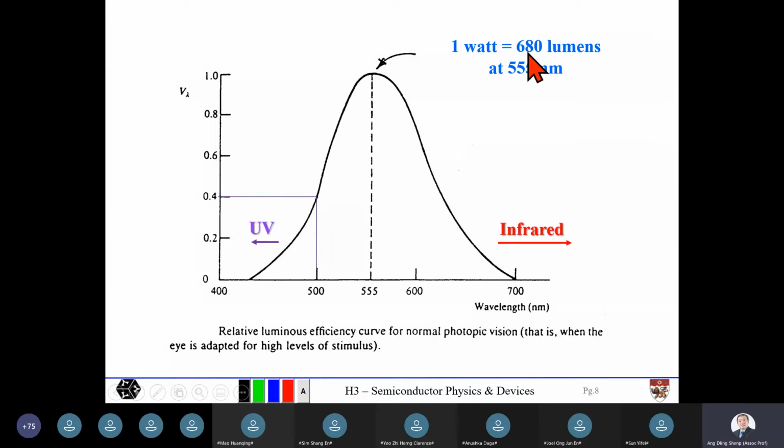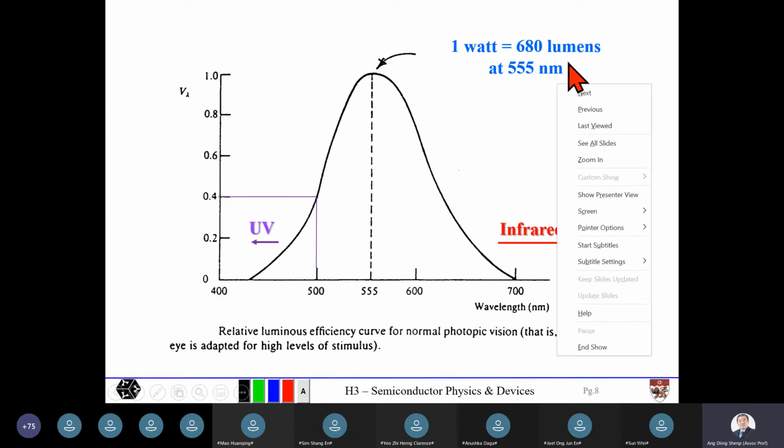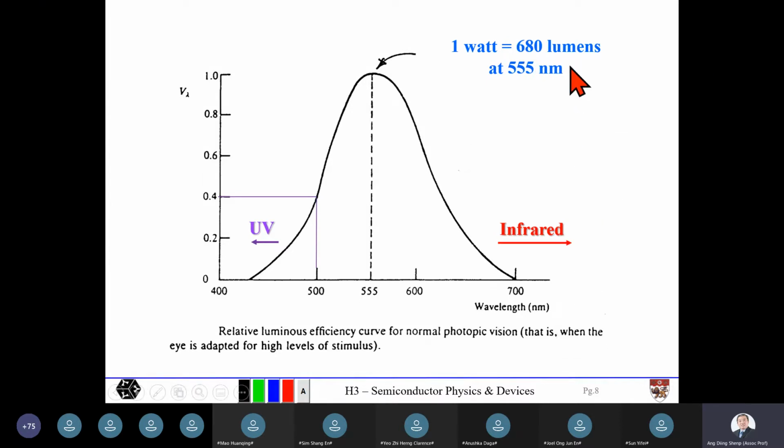Now, why is it lower? Remember, lumen is used to measure the sensation of brightness as perceived by the human eye. It turns out that the human eye is most sensitive to 555 nanometer, which corresponds to green light. That's how the definition is fixed.